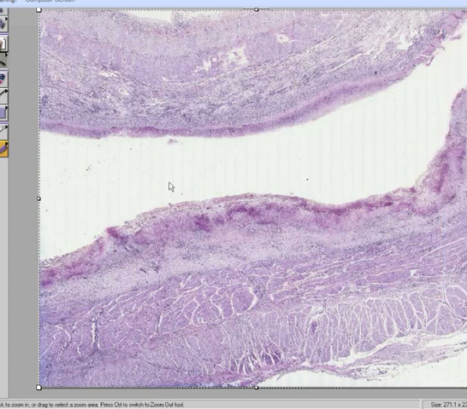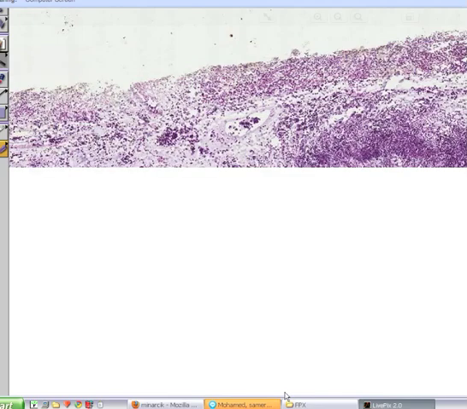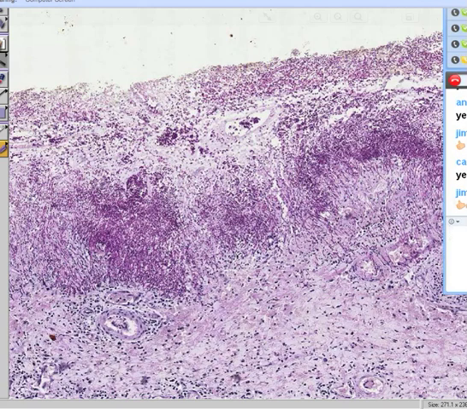Okay, good. I'm going to blow it up now. I'm going to blow up only the mucosa because I know that that's what you're worried about. So you don't really see much of a mucosa. It looks like the glands are gone.